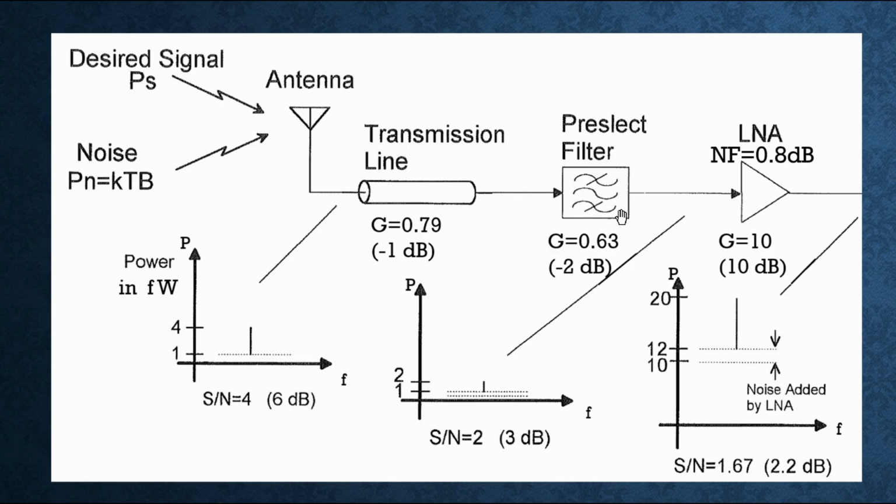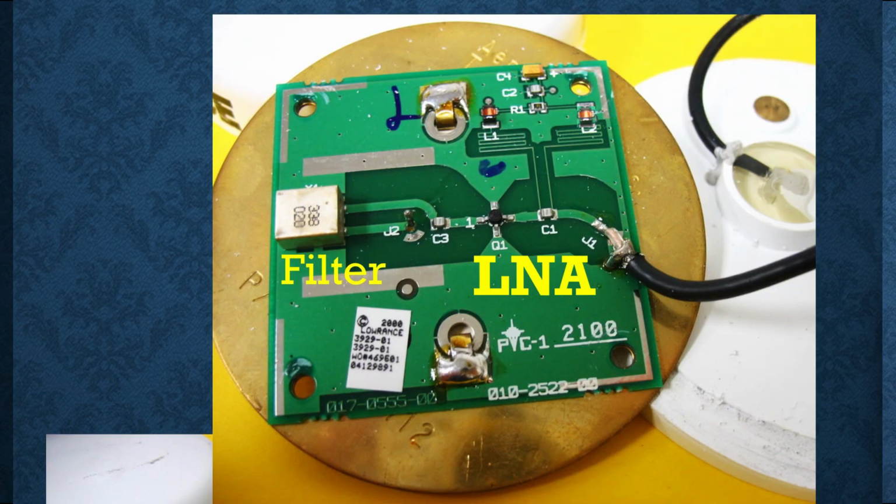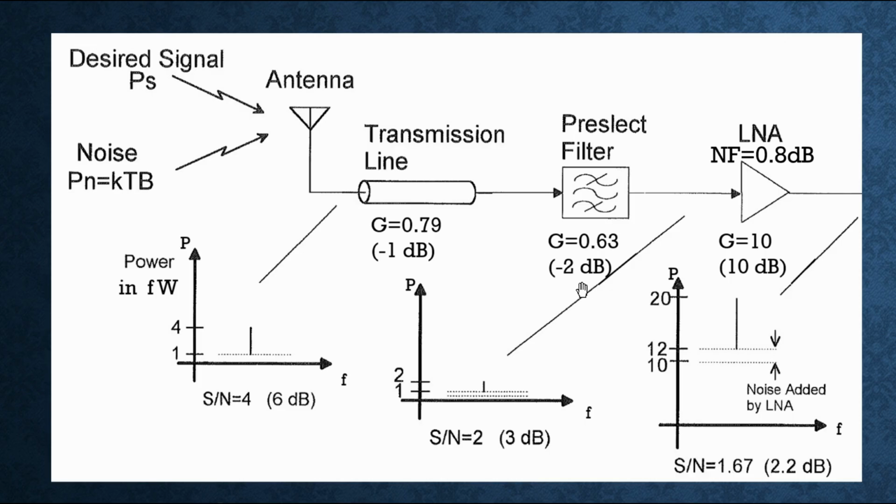And then the next thing we go through, like in our first example where we did a GPS receiver antenna, we had a pre-select filter out in front of the LNA. And in this case, I labeled it -2 dB. That's typical for an older GPS antenna. New ones might be maybe -1.5 dB, but yeah, it's in the ballpark. And here are the so-called linear power units for that. Now, the LNA is over here, and it boosts the signal by a gain of 10, or that translates directly to 10 dB, coincidentally.